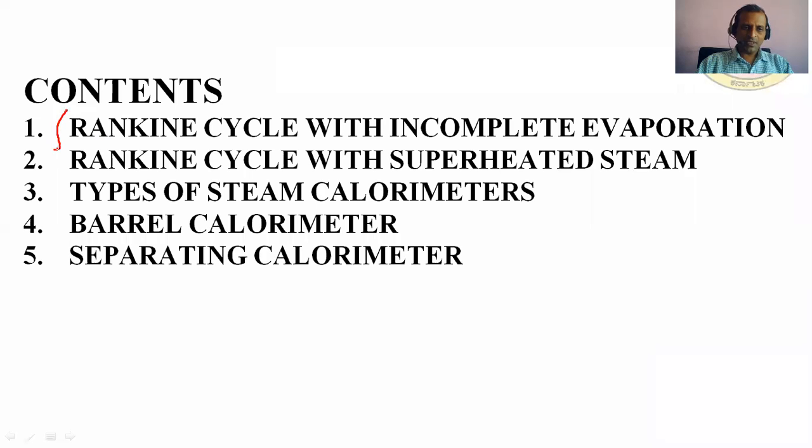First is Rankine cycle with incomplete evaporation, then Rankine cycle with superheated steam. Then later on we will see types of steam calorimeters, then barrel calorimeter, then separating calorimeter. These are the contents I'm going to cover in this session.